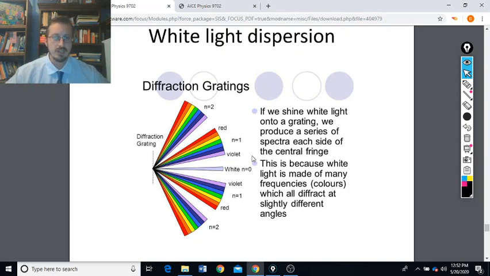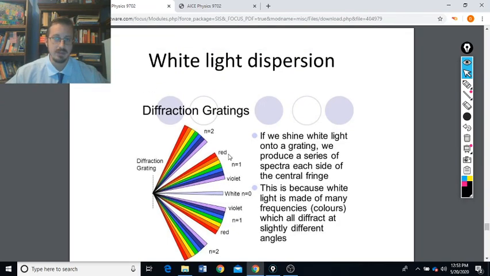White light dispersion is when we have white light incident upon a diffraction grating. We're going to effectively split apart the white light into all of its different colors, all the different frequencies of the visible spectrum. Because violet light has the shortest wavelength, it is diffracted to the shallowest angle theta.